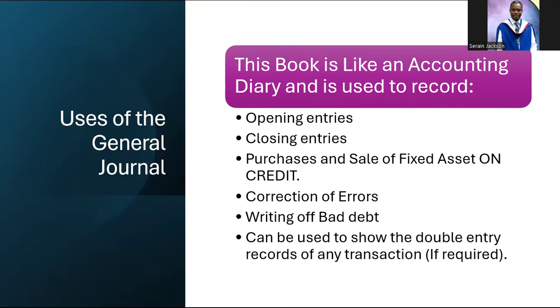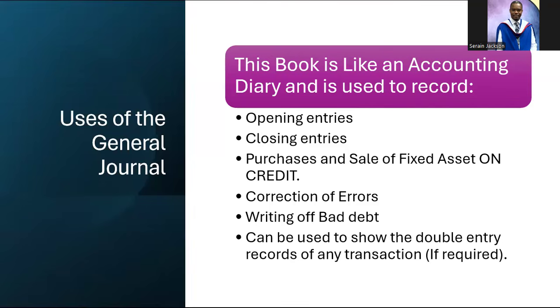It is also used to write off bad debt, and we're going to look at that as well. And it can be used to show the double entry, to record other items as needed. So let's get right in.